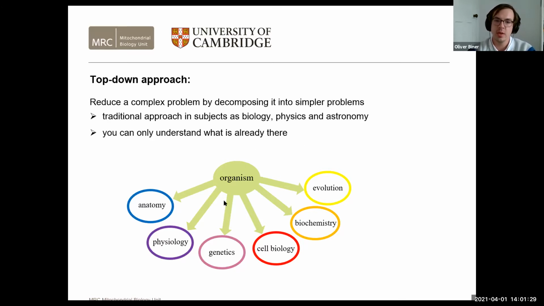For instance, when we look at an organism, you can look at its evolution, how its biochemistry is working, at its cell biology, genetics, physiology, and anatomy, and we will learn a whole lot about the organism. However, this approach cannot create a new organism with new functionalities.